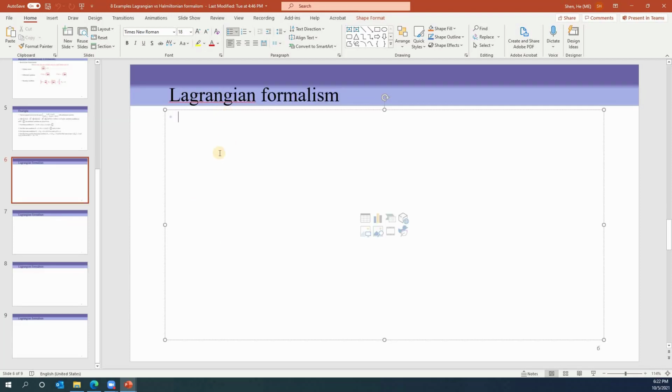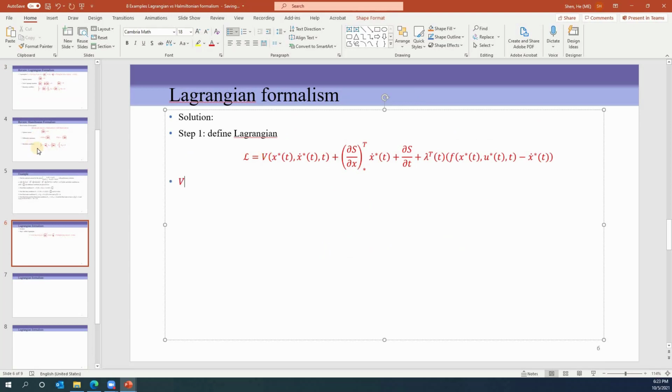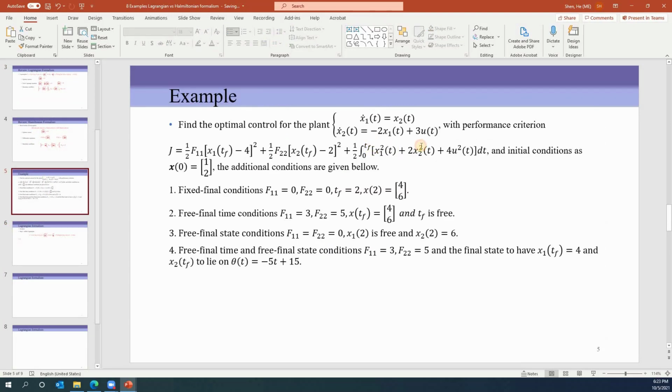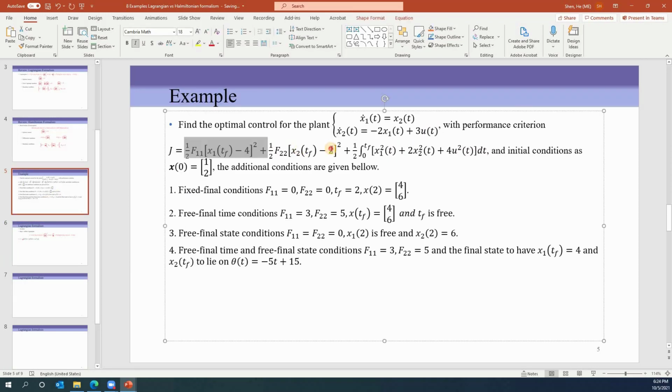So the first method is the Lagrangian formalism. We need to first define the Lagrangian, so let's copy the Lagrangian. V is defined as everything inside here, so that is half times this, and a function S is equal to this.